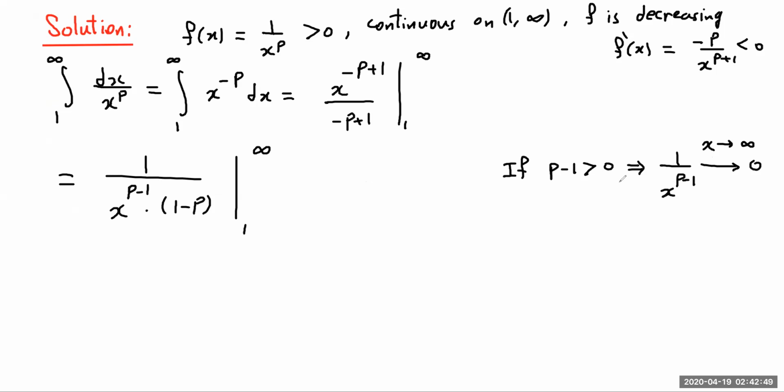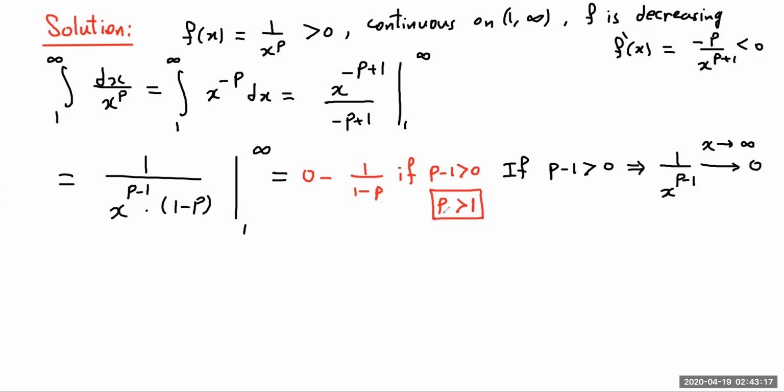So only in this case, the answer here will be 0 minus, if I put 1, it will be 1 over 1 minus b. This is if b minus 1 is bigger than 0, or b bigger than 1.